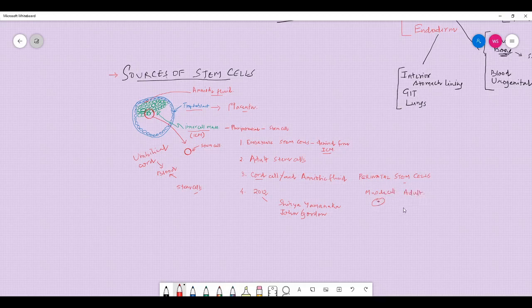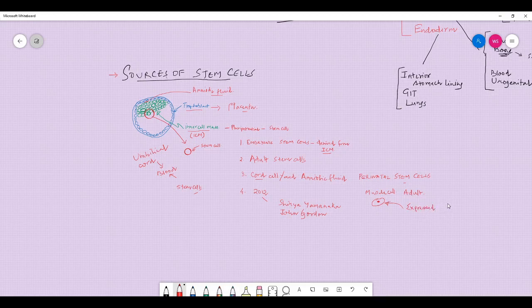These cells contain the genome, the genetic material, and they expressed certain proteins.